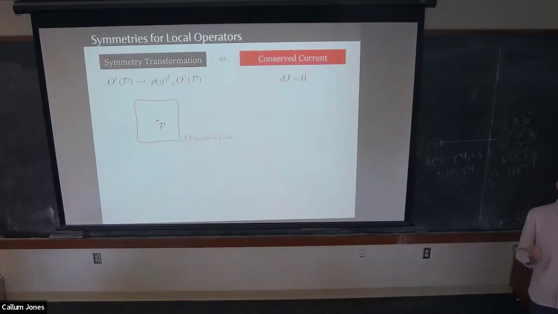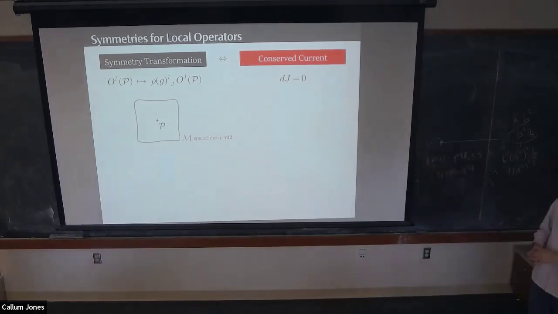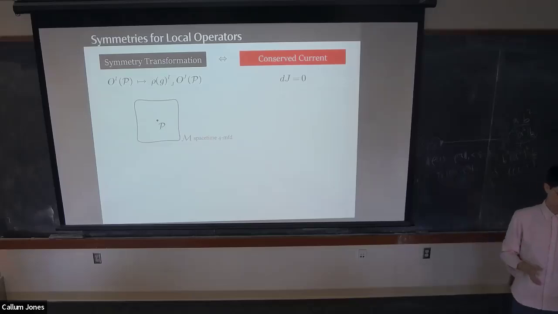But from the textbooks, we usually only describe symmetries for local operators. So for instance, we know from the celebrated Noether theorem that when we have a symmetry transformation of a local operator with some representation of a group element, then we also have the conserved current.